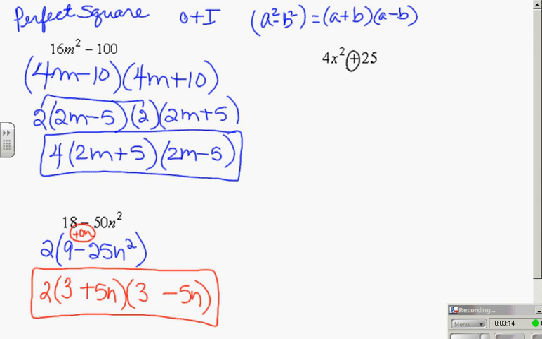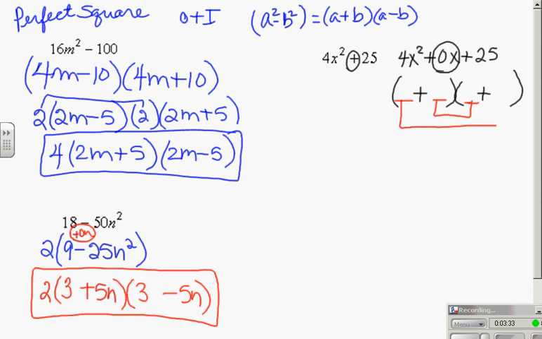Now what happens with positives is if we write it out like this, with that 0 in the middle, and you think about trying to put plus plus in a way so that when you combine the outside and the inside, and the outside and the inside, you get 0.